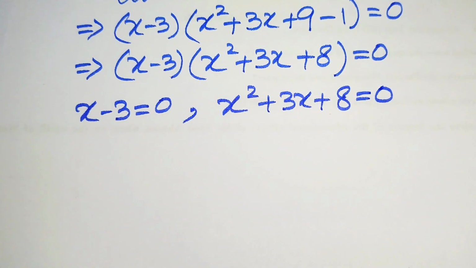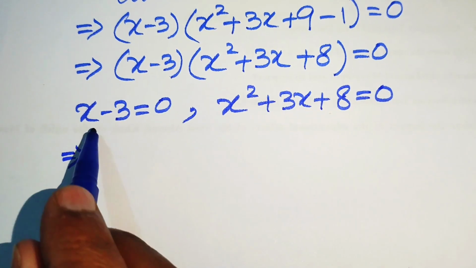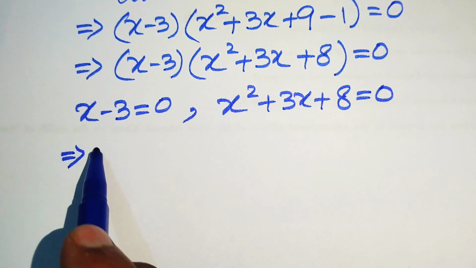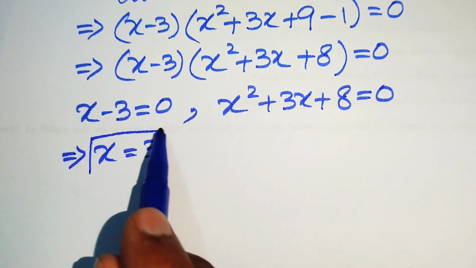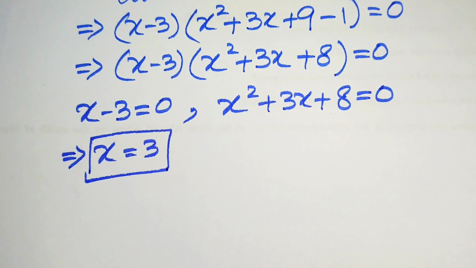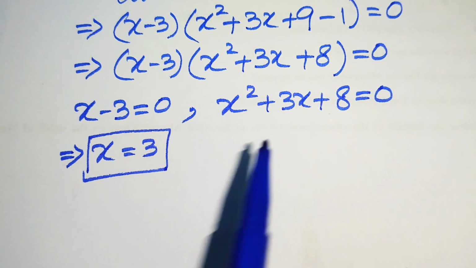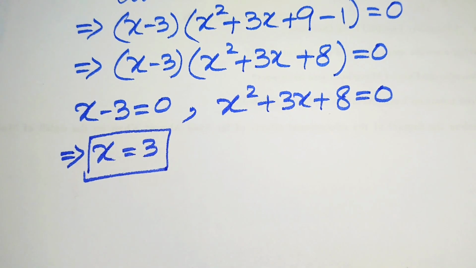And now in the next step, we have x minus 3 equals 0, so we write it as x equals 3. Okay, so this is our first root of the given equation. Now we need to find the other two roots. We find them from this quadratic equation using the quadratic formula.